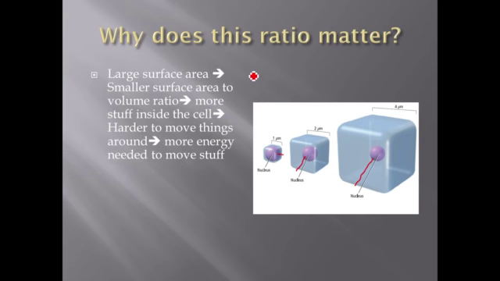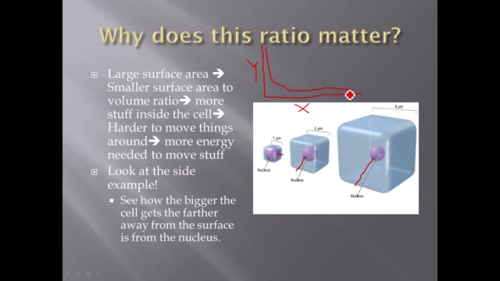It goes drastically. And actually, if you graph this, what you see is a curve that looks something like this. If you have your two axes, your y and your x, you have something like this. And what that does is it makes it more expensive to move things around. It makes it a lot harder to get things from the nucleus and other important parts to the outside of the cell.